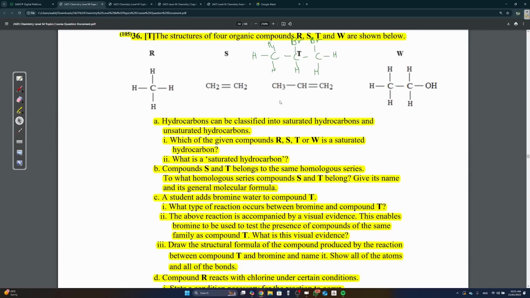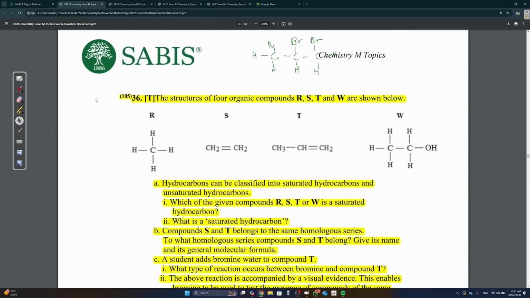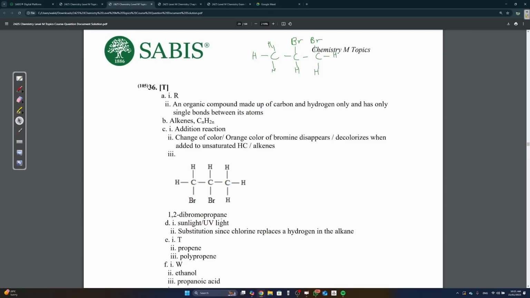Name it. What is this? To name it, I think dibromo. What was this? Was propene? So dibromopropene, I think. Yeah, dibromopropane.